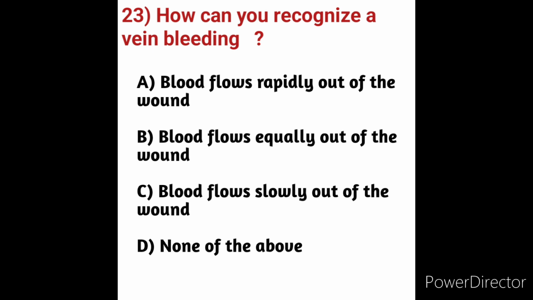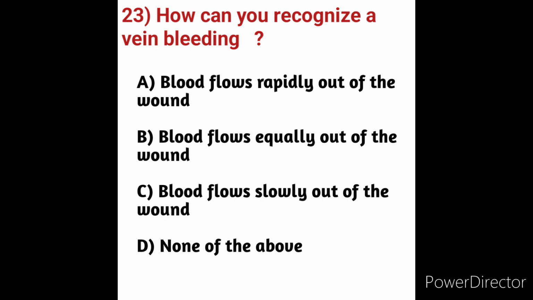We will see the options here. Option A, blood flows rapidly out of the wound. Option B, blood flows equally out of the wound. Option C, blood flows slowly out of the wound. Option D, none of the above. As the blood is coming from a vein, it is dark red because it does not contain much oxygen.